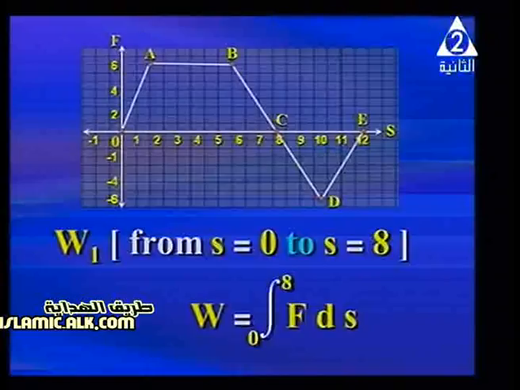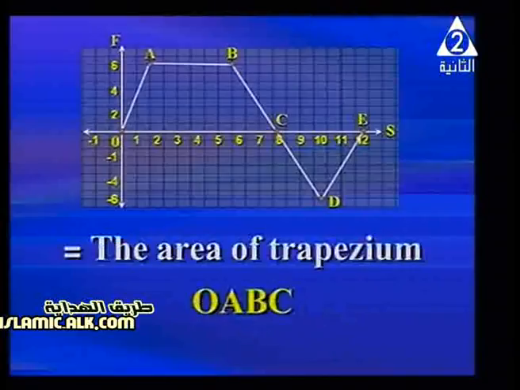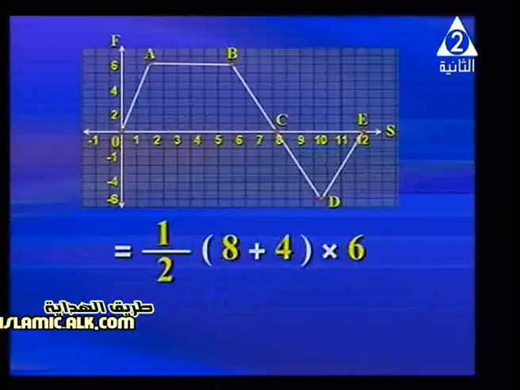It represents the area of a trapezium, trapezium OABC, which represents the integration from 0 to 8 of F ds. The area of trapezium OABC equals half of the bracket containing 8 plus 4, times 6.